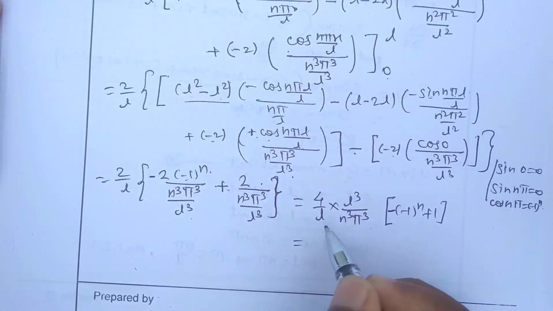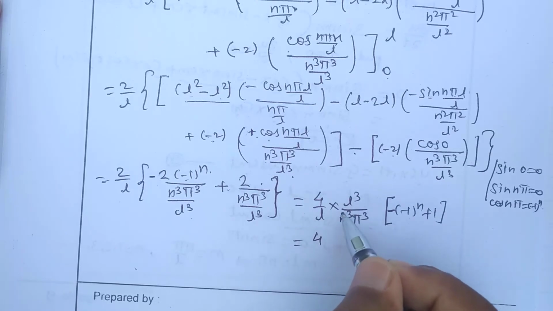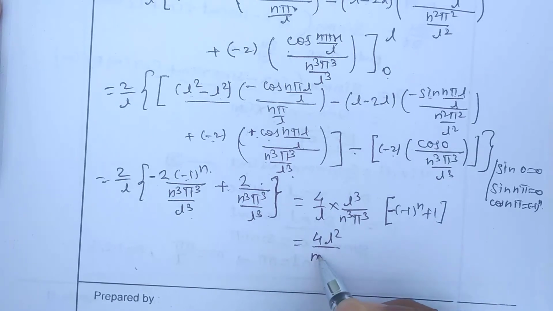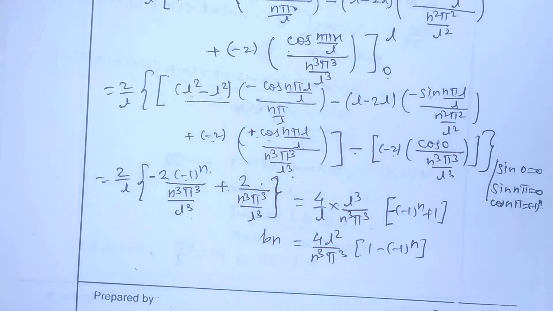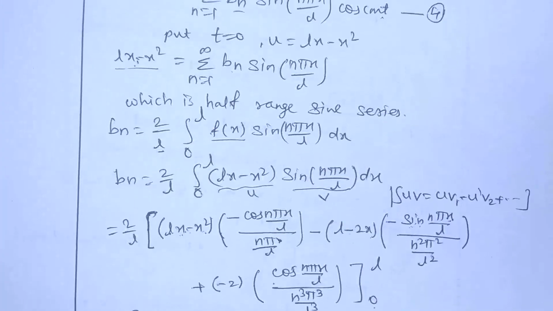So we can write this as 4 l, and 1 l gets cancelled, l square upon n cube pi cube into 1 minus minus 1 raised to n. This is the value of Bn. Put the value of Bn in equation number 4.